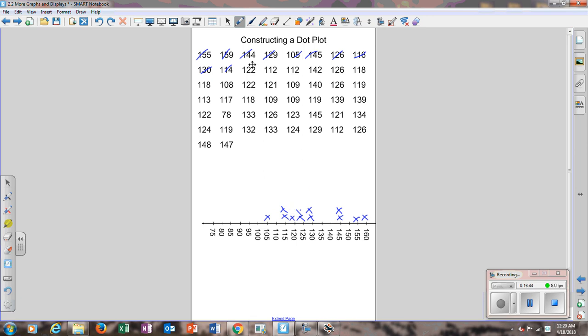Next one's 112. 112. Those are both going to stay at 110. 142 stays at 140. 126 goes to 125.